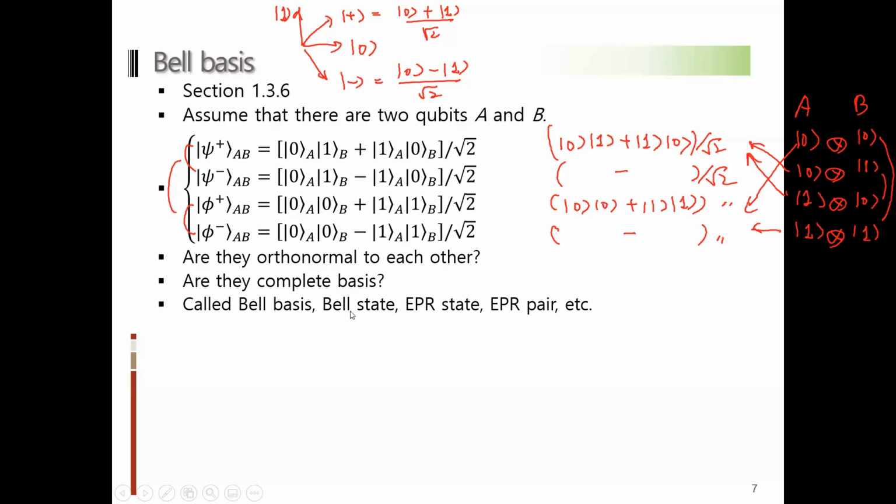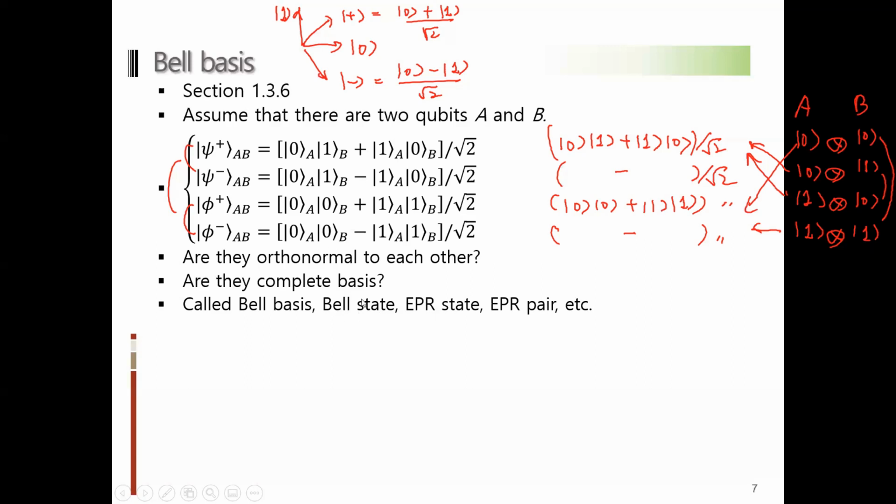The main purpose of such a state was to show that quantum mechanics does not make sense. However, after several tens of years, Bell, who is different from Graham Bell who invented the telephone, the physicist John Bell, proposed an experiment to test whether the EPR claim is correct or not.